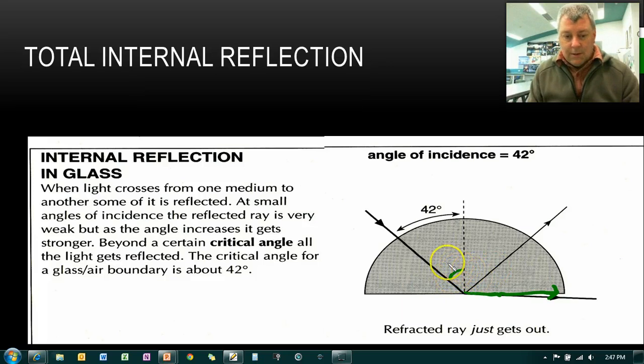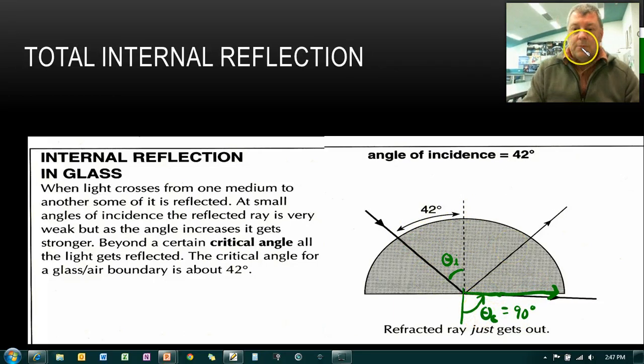If that's the angle of incidence, recognizing that that's the normal, this would be the critical angle, sometimes given as a C, and that would equal 90 degrees. So the critical angle is when the angle of refraction is equal to 90 degrees.